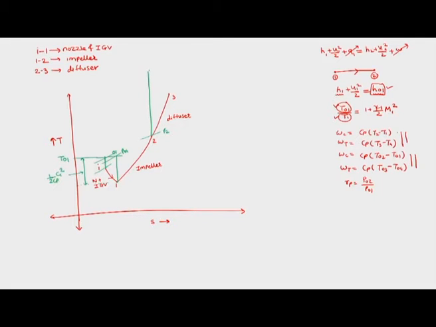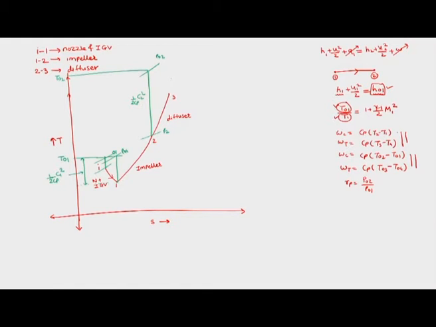So we reach here at P02, and the corresponding temperature would be T02, and this is half Cp into C2 square.